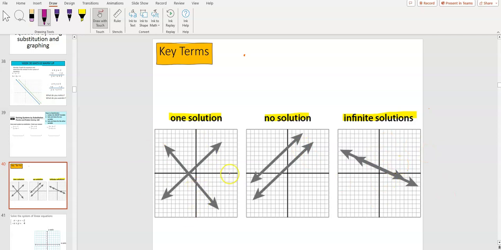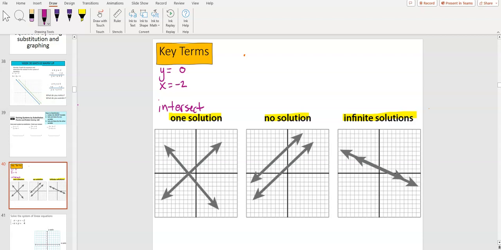So one solution is the most common that you're going to see. It's when the 2 lines intersect, okay? So when the 2 lines intersect. Okay, you're going to see if I was solving this algebraically, like using substitution, I would get just a normal answer, like y equals 0, x equals -2.